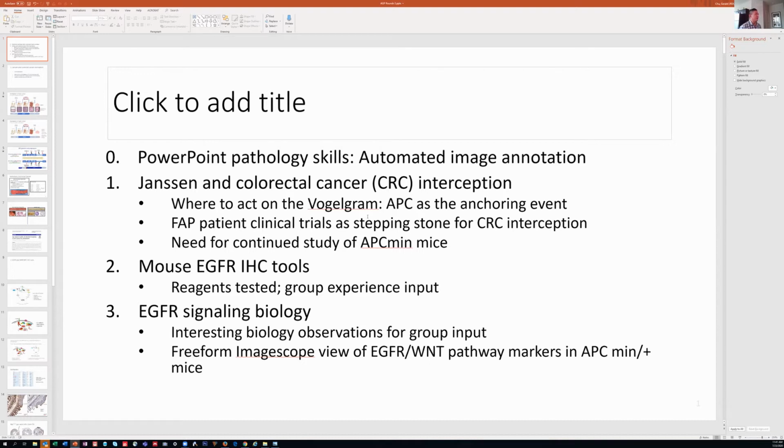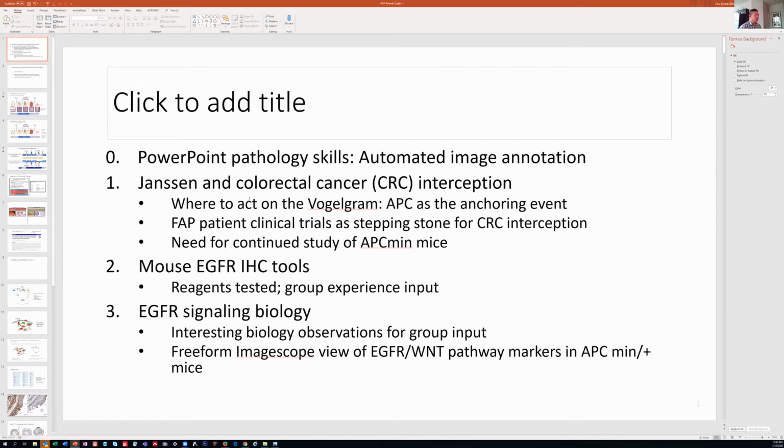Anyways, I just wanted to start with why. I've worked with the APC min mouse in the past, but recently had the pleasure of being able to pick it up again in order to study it further for some downstream programs. Again, this isn't my main focus, and this isn't going to be a science talk per se. It's just tool development and observations, and just to show you what direction I need to take this project into.